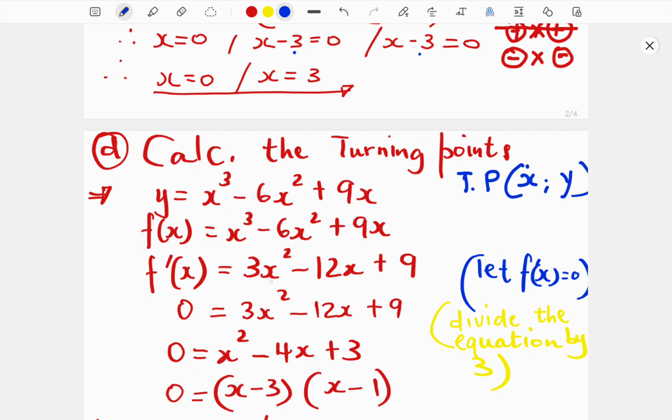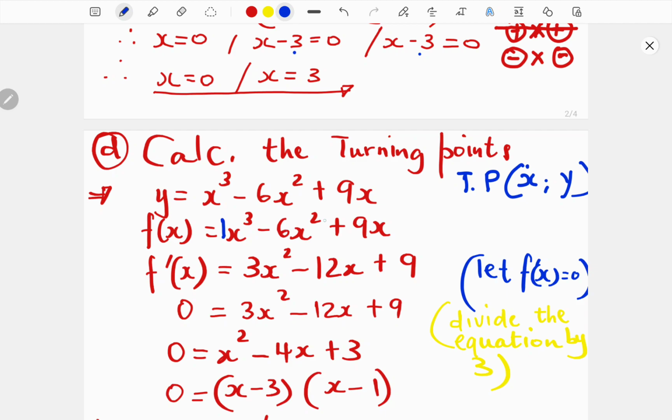So f prime of x is equal to 3x squared minus 12x plus 9. You know how to derive. This one has got 1, so 1 times 3 becomes 3x to the power 3 minus 1, which becomes 2. At this point, you're supposed to know how to derive.